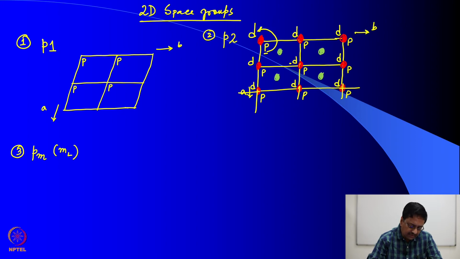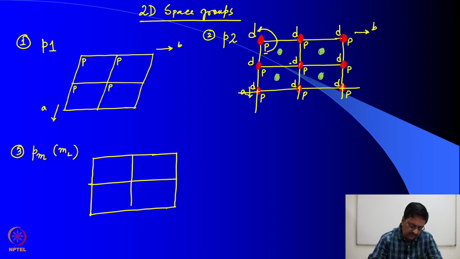So here again, we need to have a lattice, and I have a letter P which is translated in both the directions, both inside and outside the unit cell like this.